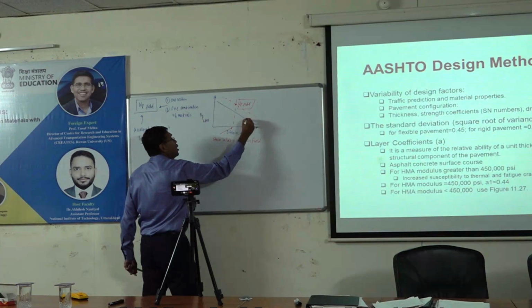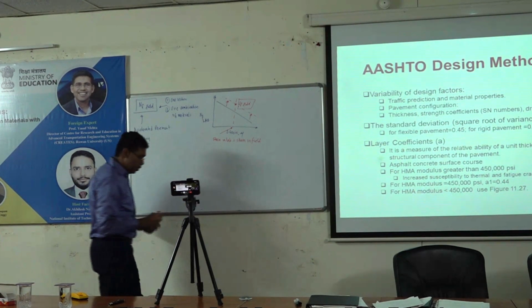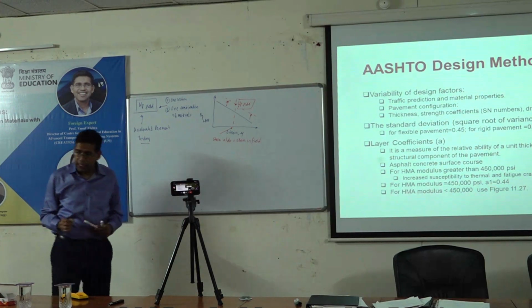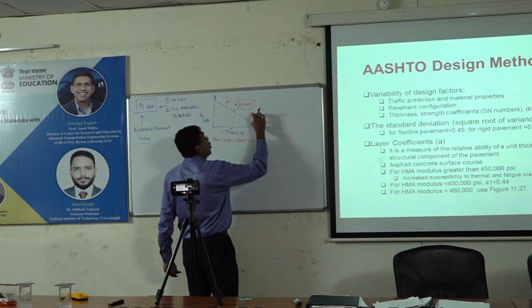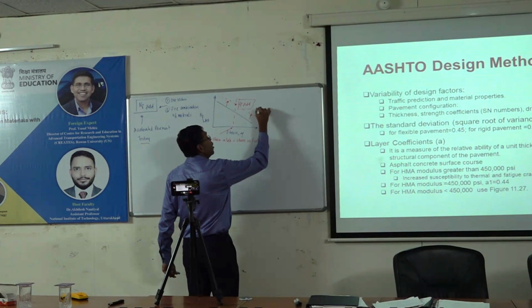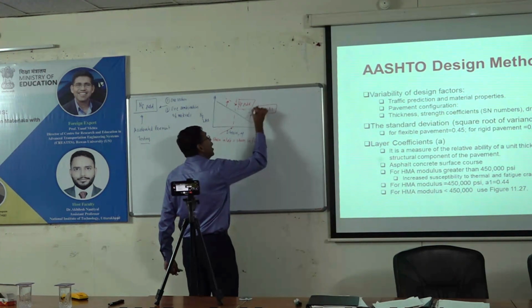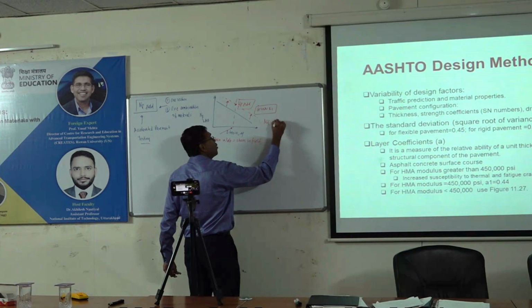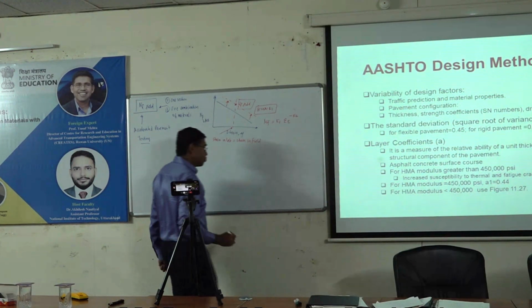So the question was, do I apply the calibration factor on the strain equation or not? You will initially apply this for a given E value, for a given E1 value, and therefore you will get NF is equal to K1 epsilon T to the minus K2.